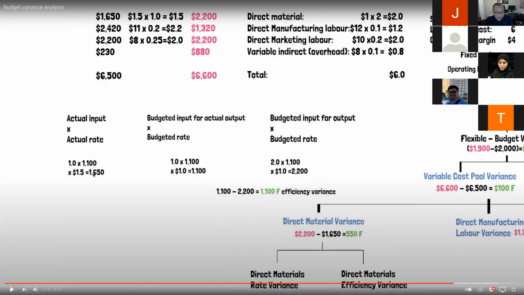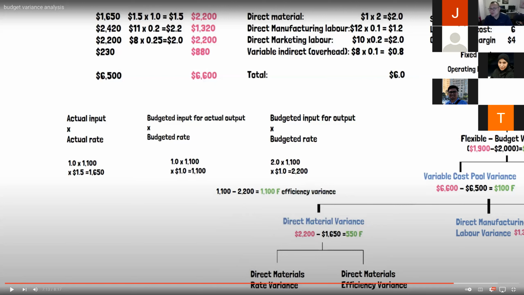When you compare the first two numbers, 1650 and 1,100, you can see that the materials level is the same. It's all 1,100 pounds. But the rate is different. The actual rate is $1.5 per pound. The budget rate is $1 per pound.